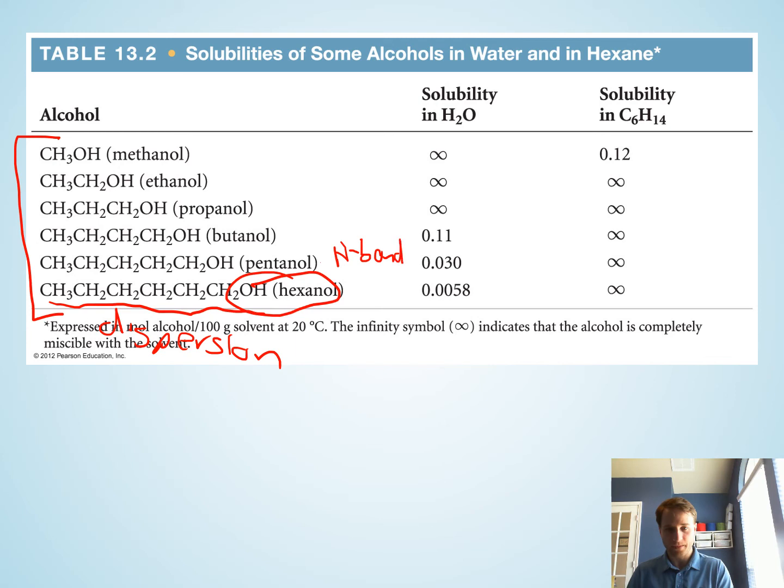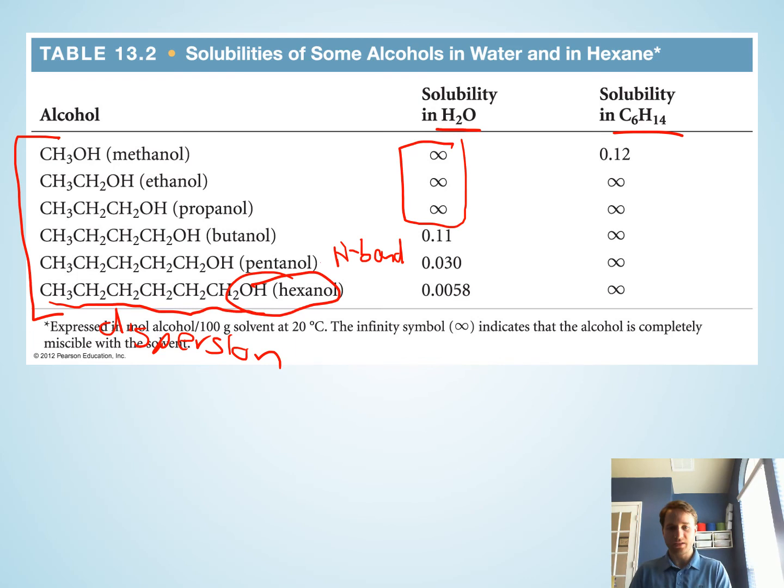We look at the solubility in water, which is a very polar solvent, and in hexane, which is a very non-polar solvent. We see that methanol, ethanol, and propanol are very soluble in water. They'll completely mix. This infinity just indicates that they're completely soluble. I can mix as much as I want of these two compounds, and they will always mix together, okay?